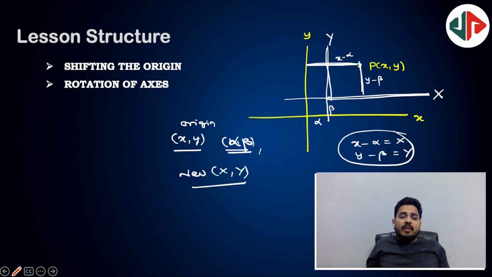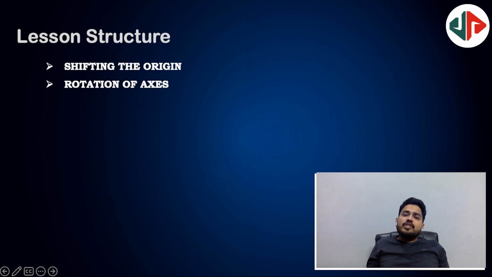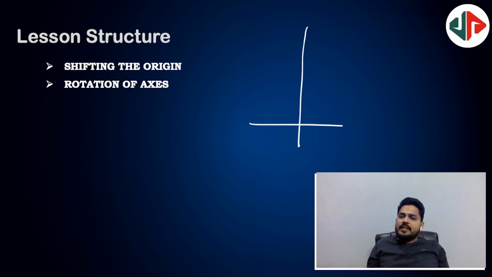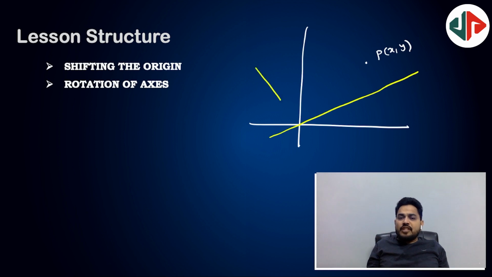And similarly, what is rotation of axis? For example, these are the x and y coordinates here. P x comma y is there, and the coordinate axes are rotated through an angle theta without changing the origin position. So this angle is theta.